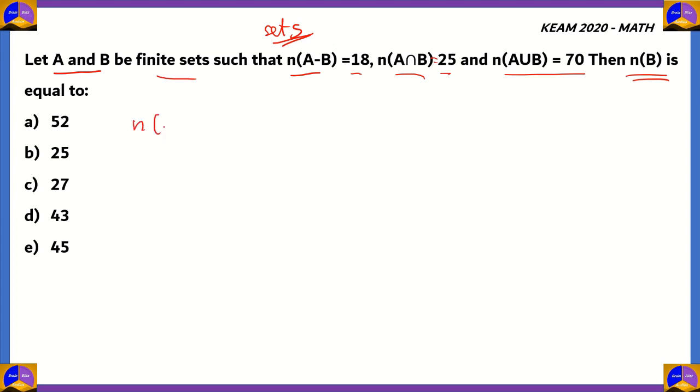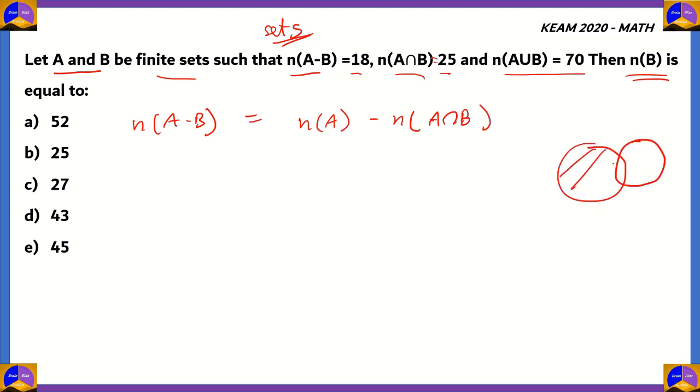First, we're going to use the formula for A minus B. n of A minus B can be written as n of A minus n of A intersection B. So basically, A minus B is this particular portion.